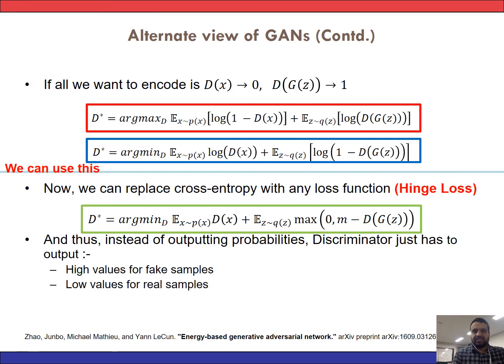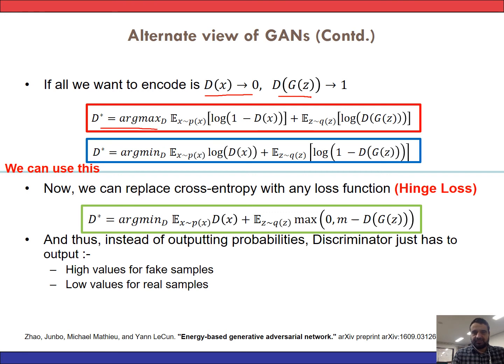Once we decide that the discriminator will generate the output as 0 if the input is a real image, and it will give the output as 1 if the input is the fake sample, this is the objective for the discriminator.